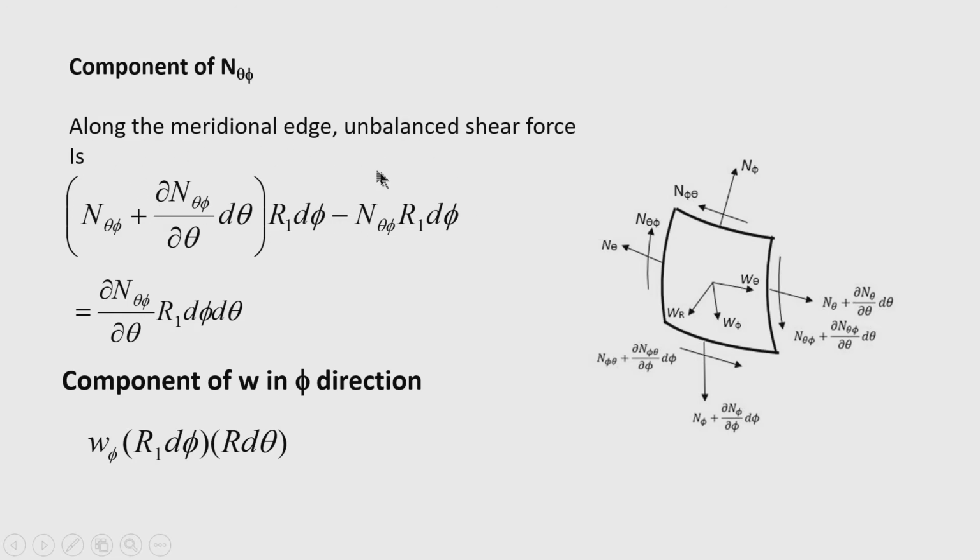After summing up and cancelling some terms, we get the component of n theta phi tangent to the meridian, that is the phi direction, as del n theta phi by del theta into r 1 d phi into d theta. Now, we have taken all the components in the direction of the tangent to the meridian. The external load component has now to be taken.